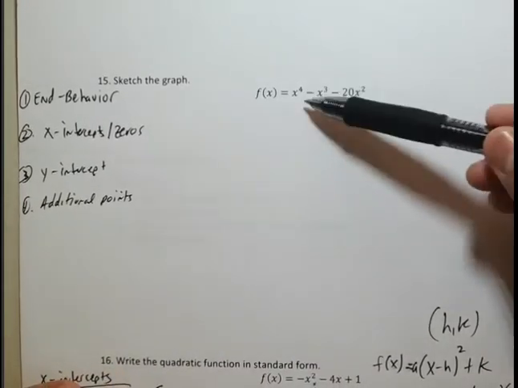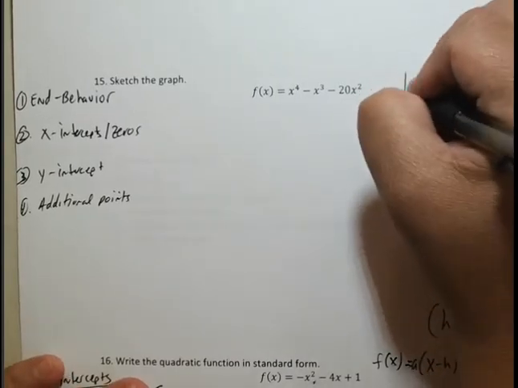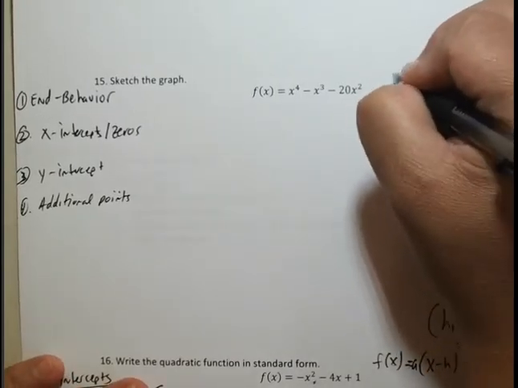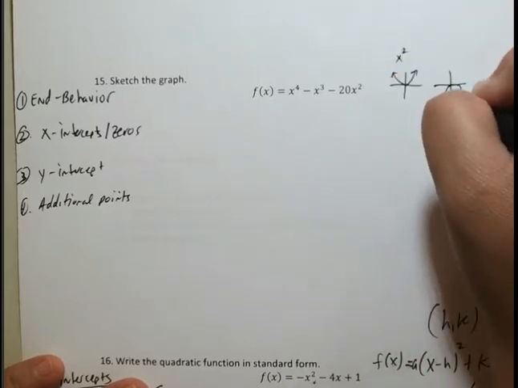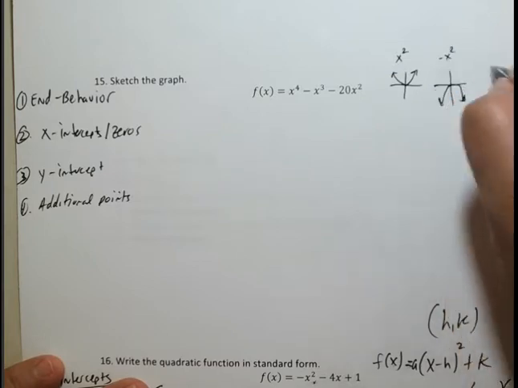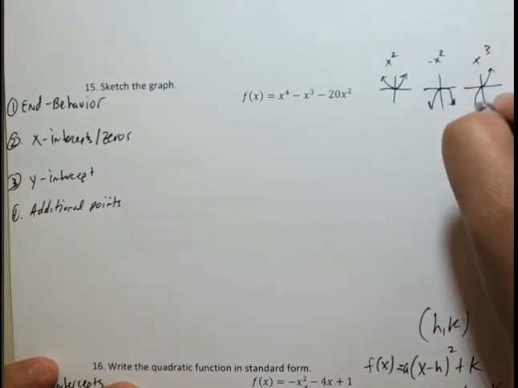So the end behavior, you have x to the 4th. Remember the choices for the end behavior: this is x squared, this is negative x squared, x cubed.